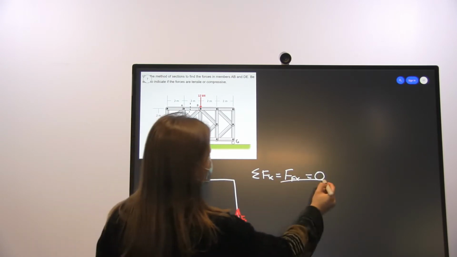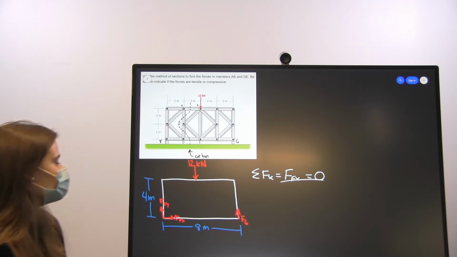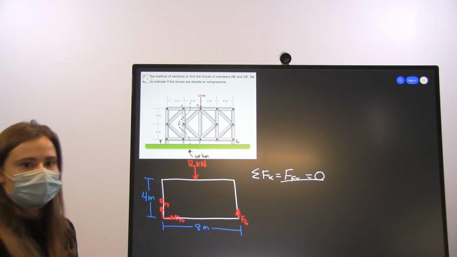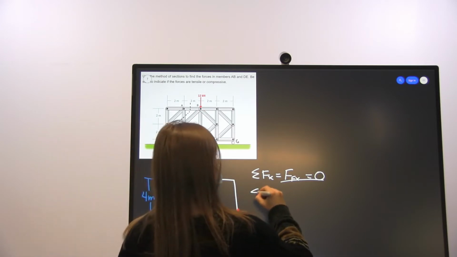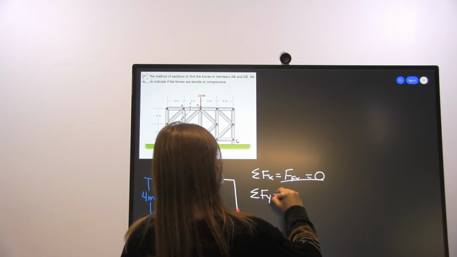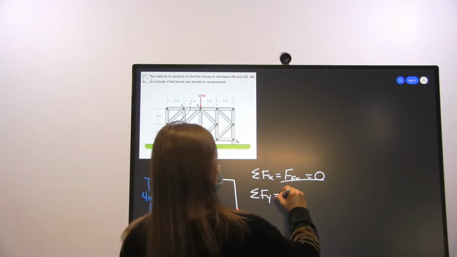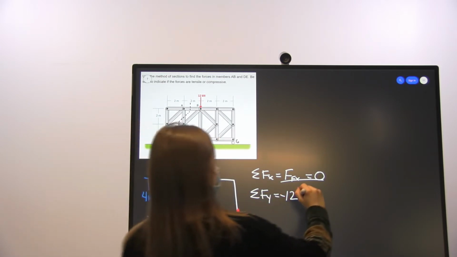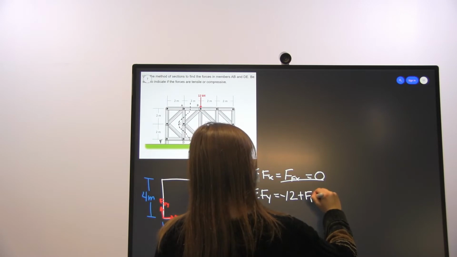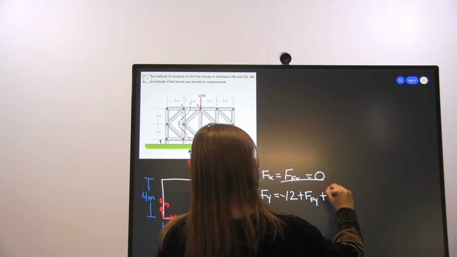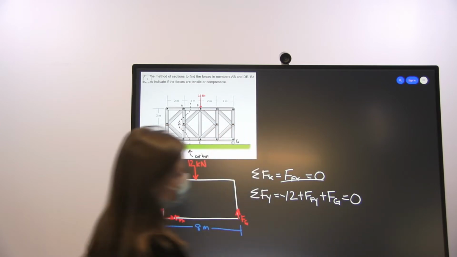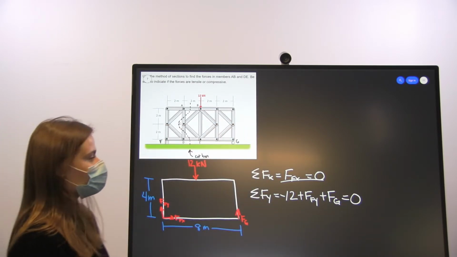So our reaction force at F in the X direction is just going to be 0. And then in the Y direction, we have this 12 kilonewtons pointing down, so it's going to be negative. And then we have force F in the Y plus the force at G, and this is going to be equal to 0.